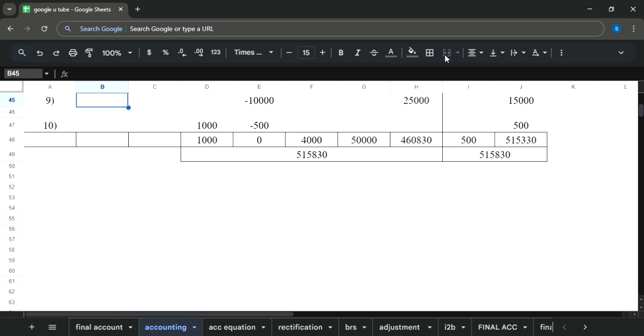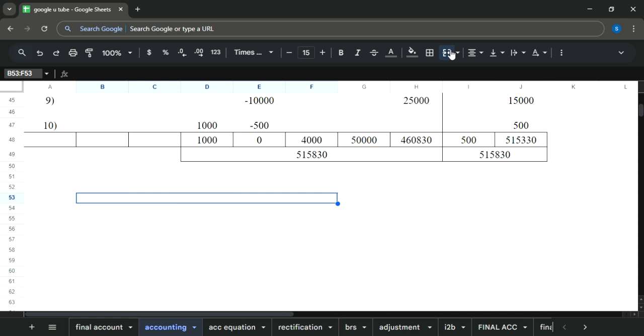Now please note it down. There would be two sides. Here we are going to make our left side. 1, 2, 3, 4. These four columns would be used to calculate our profit.